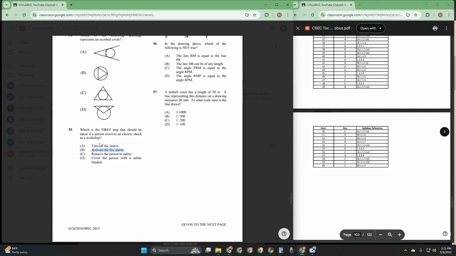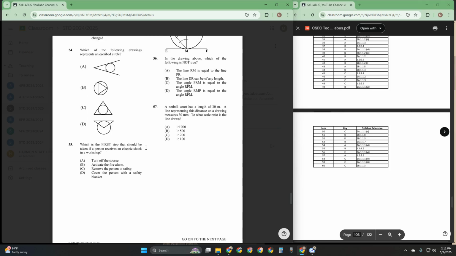I would turn off the source. That is the first thing that I would do. I don't know if this is an error or if they really think that you should activate the fire alarm. It's up to you to decide.